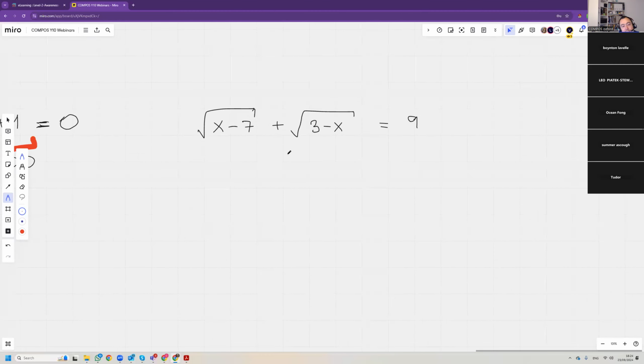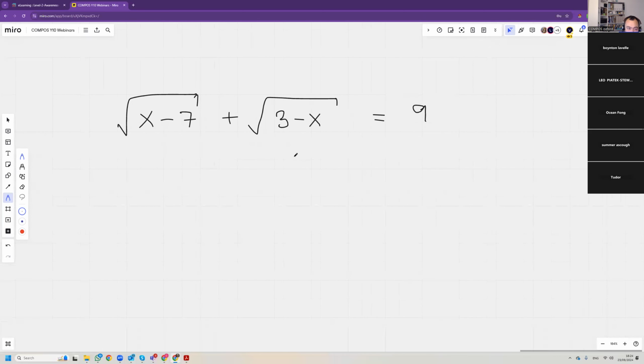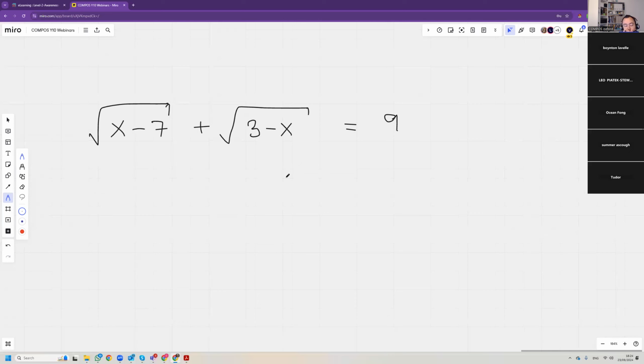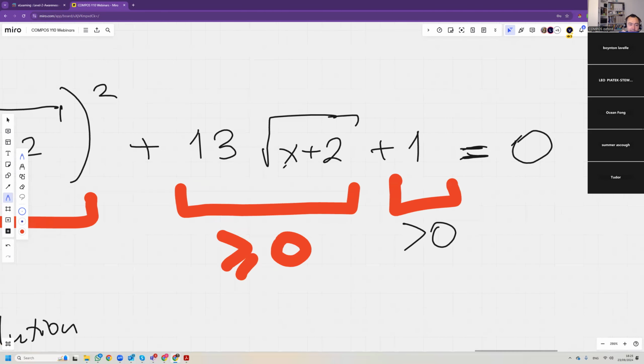Now let's look at this one. This is different. Okay, we're not doing any questions like that, but here it's non-negative. This is non-negative, and it's equal to 0. So potentially, it looks like it's possible. The second term, because the square root cannot be negative.